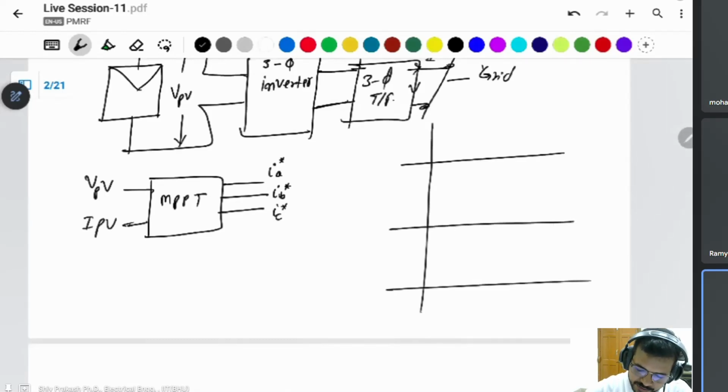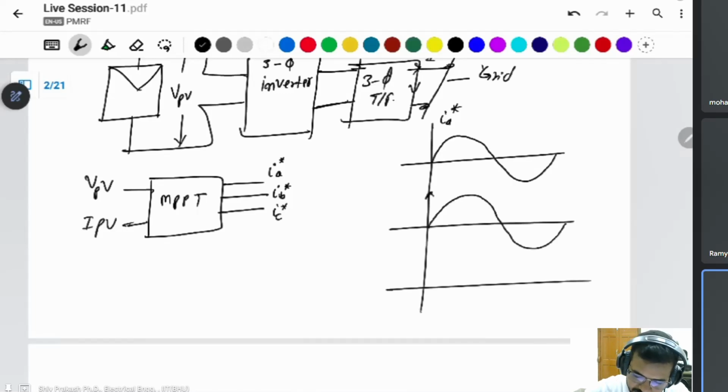Suppose there is a three-phase system. There is an IA reference generated by this PV system's MPPT, and the current flowing to the grid through the inverter, IA.